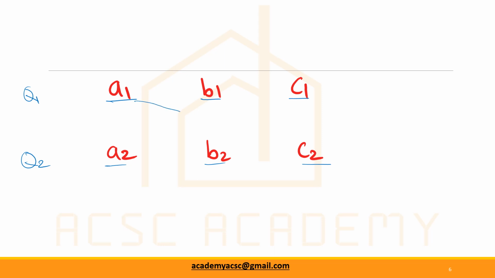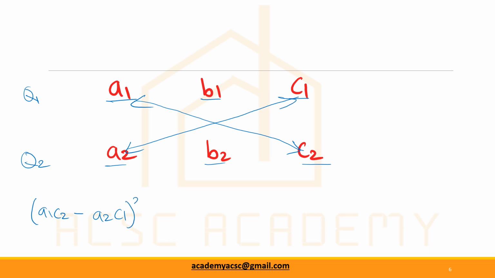We can join these two extremes like this. And now the points which are being connected, we will simply write them down. a1 c2 minus a2 c1. These two together, a1 and c2, and then a2 and c1, the whole square.